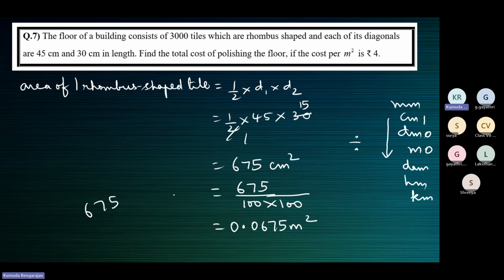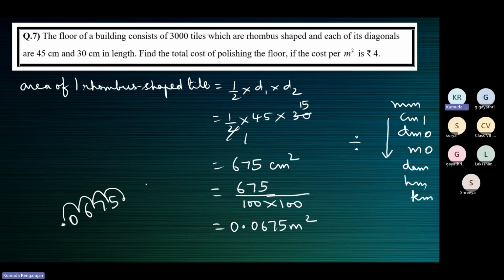In the denominator, we have 4 zeros. So shift the decimal point, it's here, 1, 2, 3, 4. So it will be 0.0675 meters square.